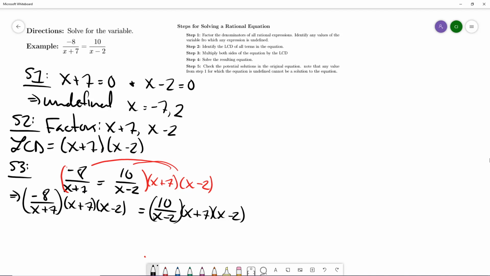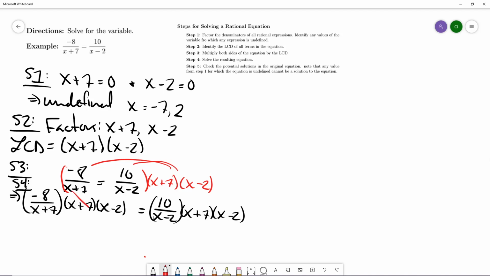Right, this is technically step 3, and then this was step 4. Right, so now we just solve. So when I look at this first term, I see that I have x plus 7 on the denominator and x plus 7 in the numerator.